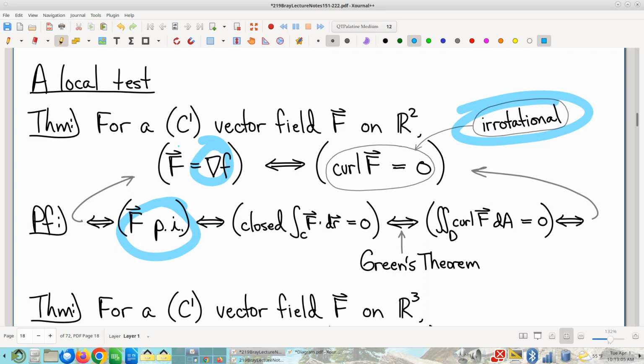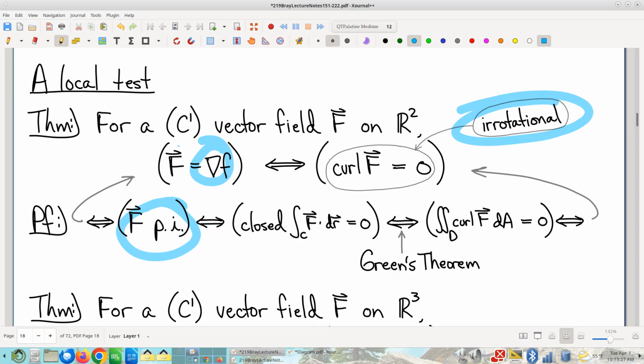But said differently, we've got a collection of vector fields that we can call by any of three different names. Right? So gradient, path independent, irrotational. It's all talking about the same vector fields. And so I ask rhetorically, why do we need a fourth? Right? It just always seems unnecessary to me.